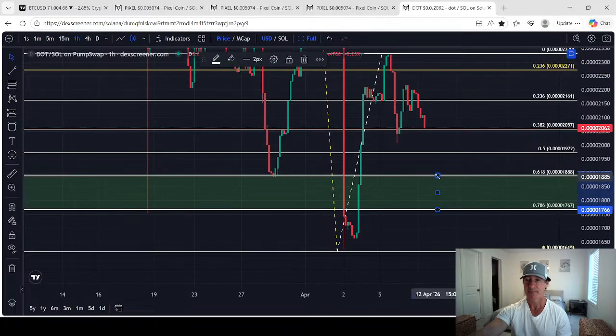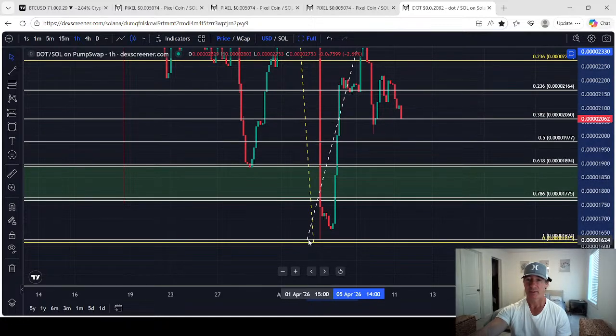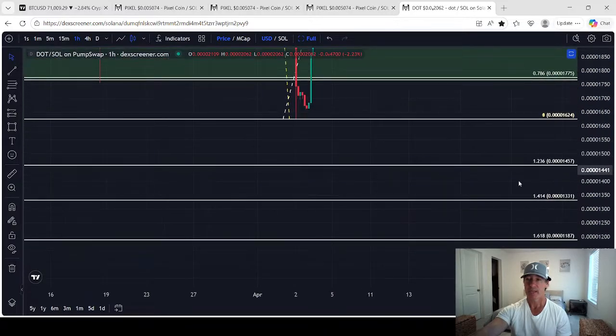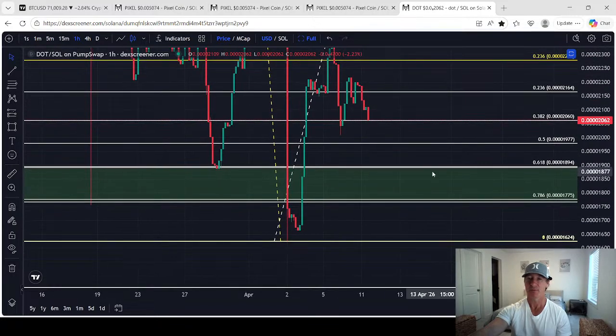It's in this area. So we want to hold the 618 at 0.401888 and the 786 at 0.401767. And if we don't, then we'll have lower lows down here. But let's just see if this holds right now. Those levels hold.